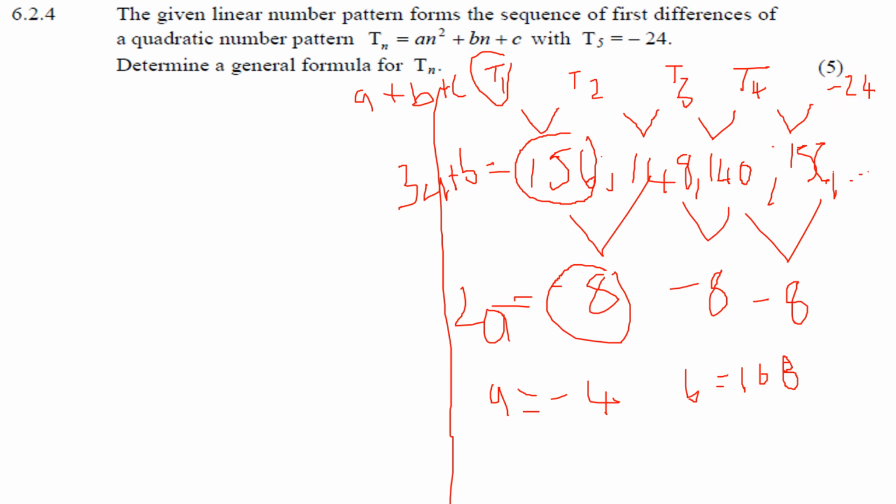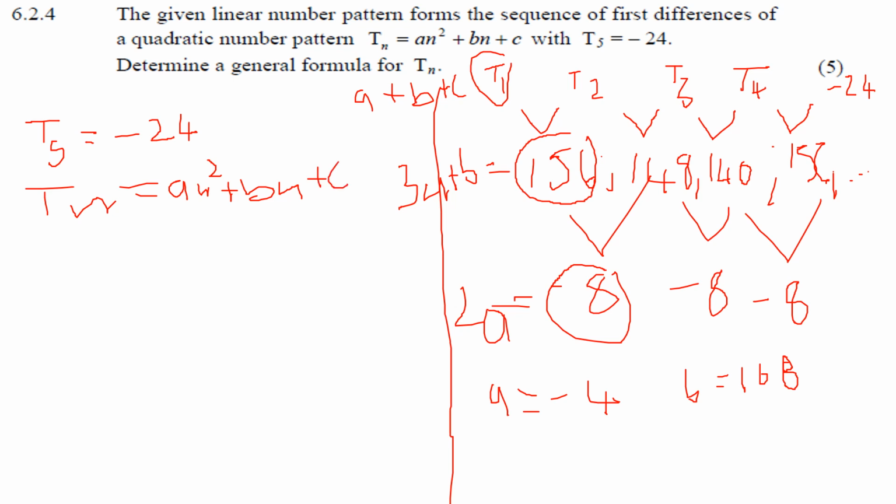So basically, we can say term number 5 of this sequence is equal to negative 24. But how do we represent a quadratic sequence? A quadratic sequence is given by Tn is equal to an squared plus bn plus c.